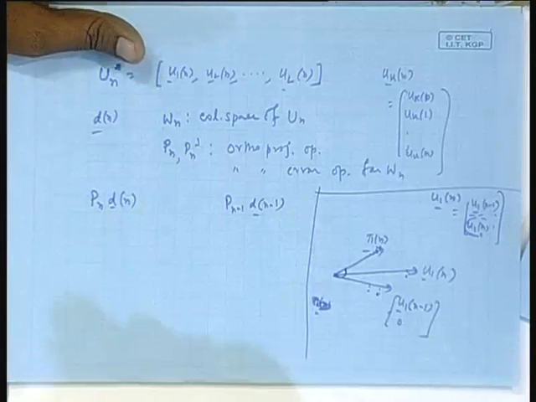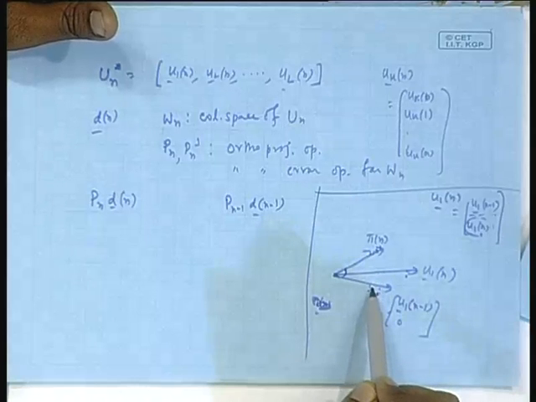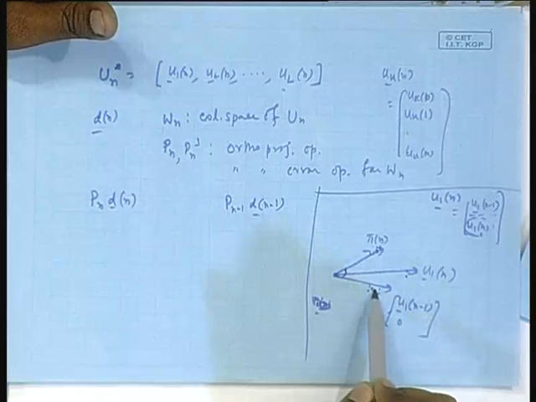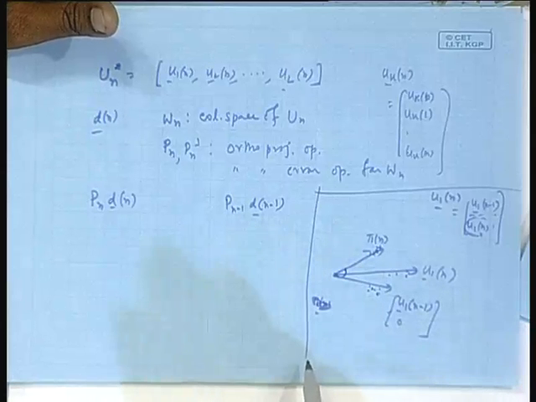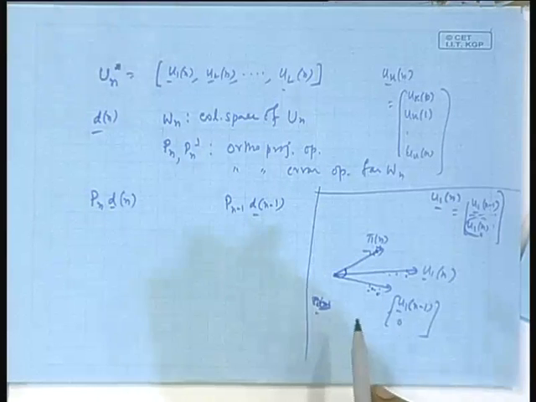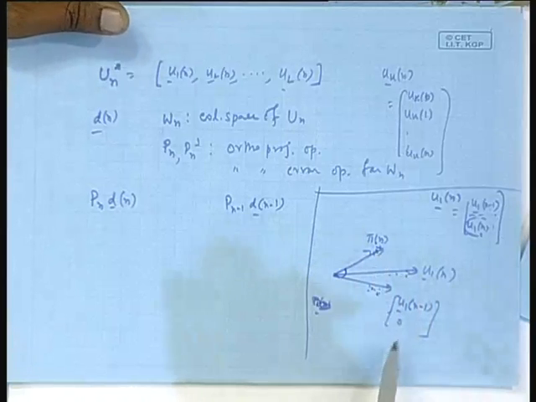That means the space spanned by pi n and u 1 n is contained in the space spanned by pi n and this, because this is a linear combination of these two. So the space spanned by pi n and u 1 n is the same as the space spanned by pi n and this.